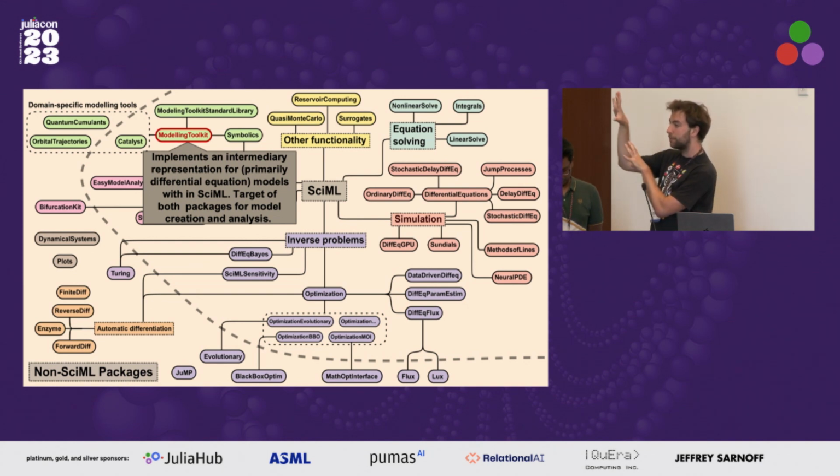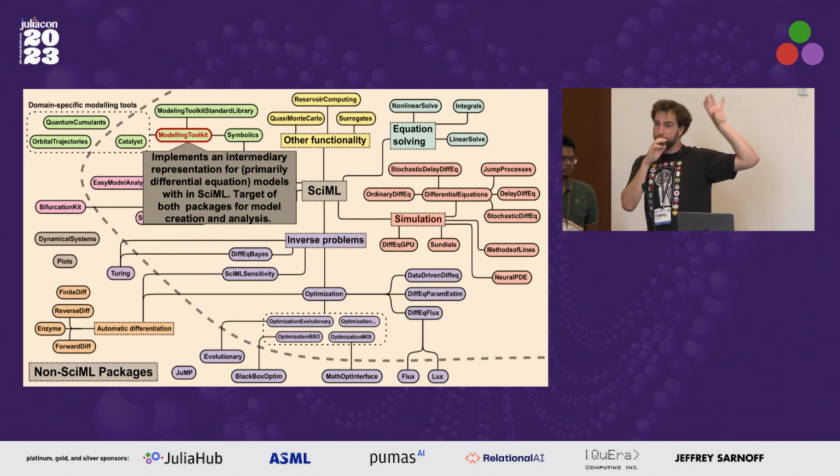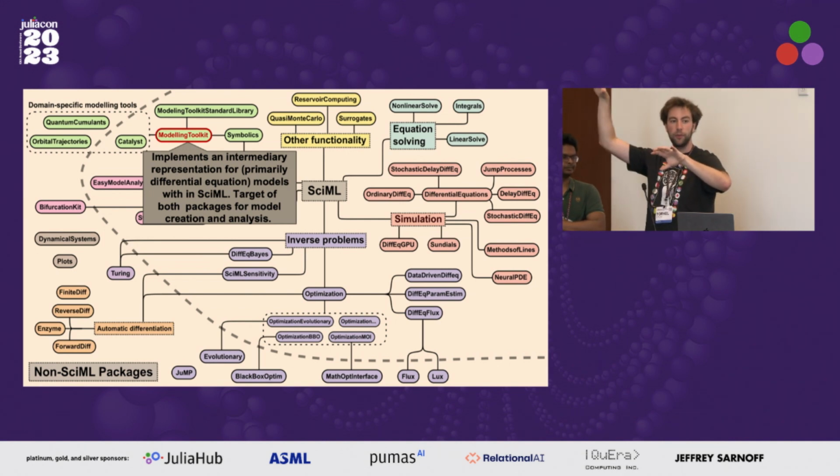Then you have people who build tools which do things to this model, say simulations or sensitivity analysis. And really the promise here in ModelingToolkit is that it implements one intermediate representation. If a modeler can represent their model the ModelingToolkit way, then all of these analysis tools automatically work on the model.